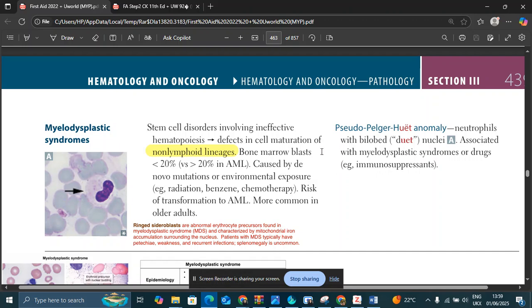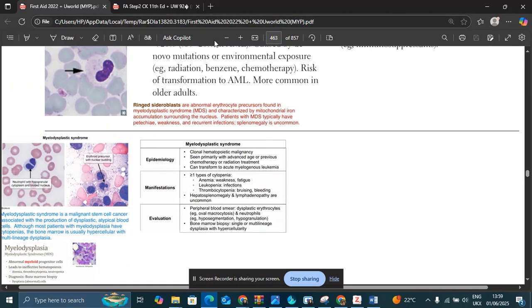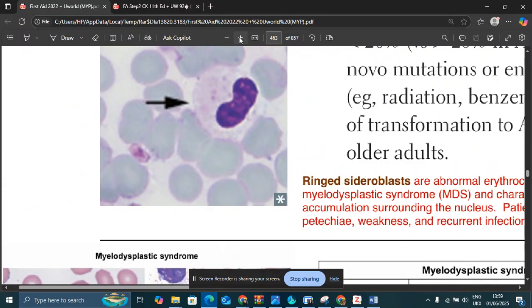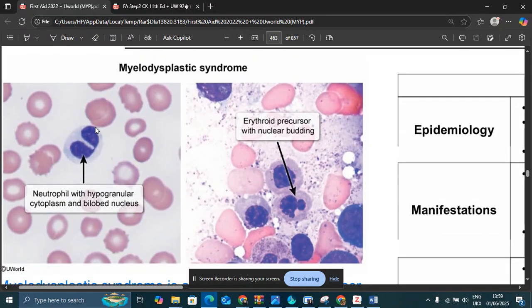Okay, look at this diagram here. Let me zoom in. Yeah, this is myelodysplastic syndrome. Look at the neutrophil. It has only two lobes, a bilobed nucleus, with hypogranular cytoplasm.